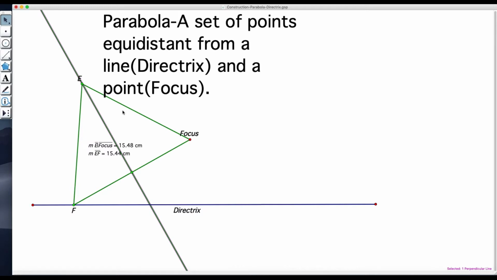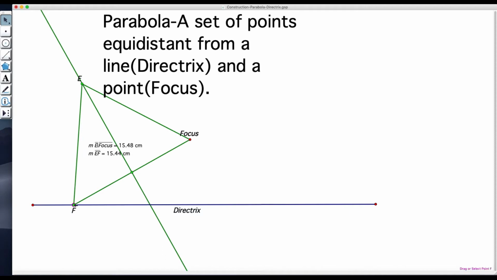Additionally, we know that the shortest distance between a point and a line is a perpendicular line through the original line and through the given point. So if we construct a perpendicular line through point F and perpendicular to the directrix, where it intersects with the perpendicular bisector of the base should be the point on our parabola.